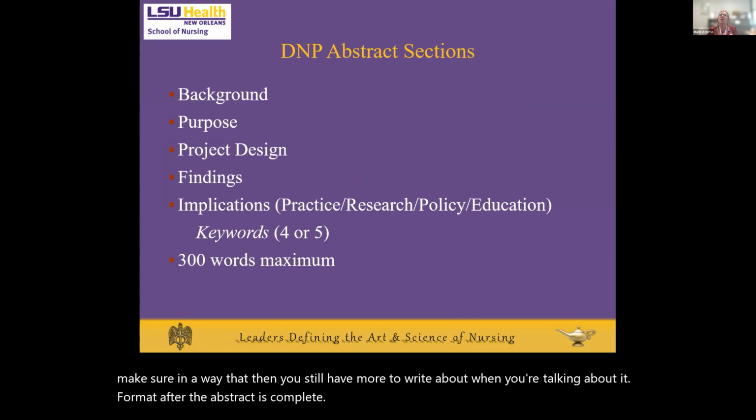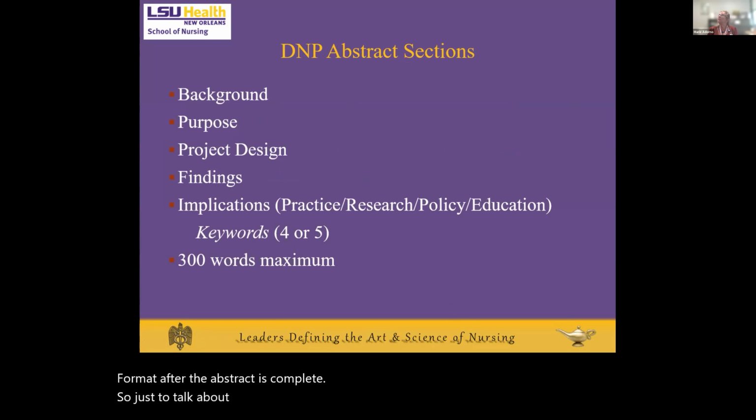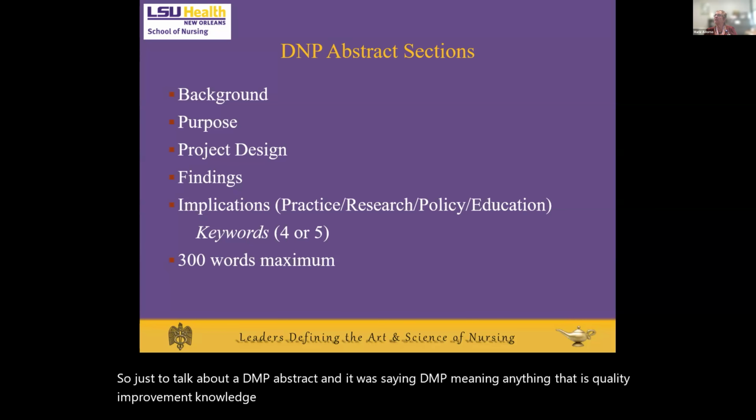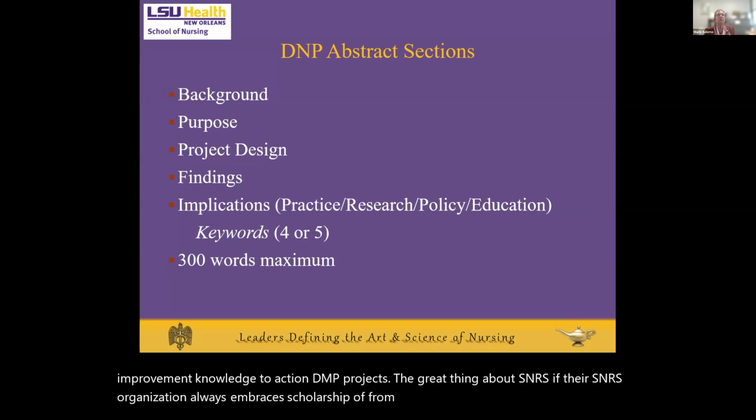So just to talk about a DNP abstract, and it was saying DNP meaning anything that is quality improvement, knowledge to action, DNP projects. The great thing about SNRS, their organization always embraces scholarship from doctoral students of both DNP and PhD.